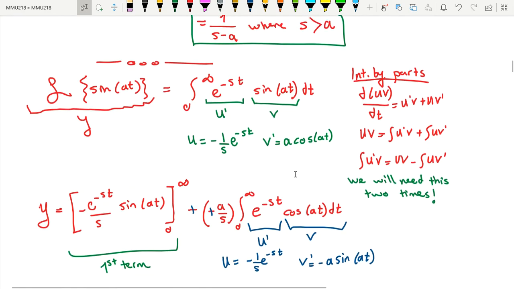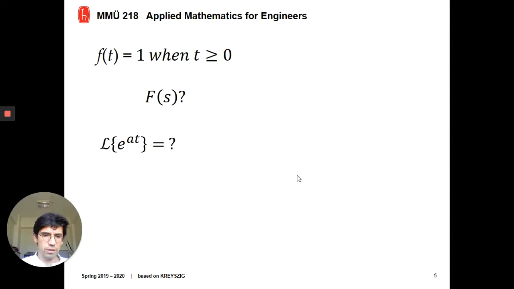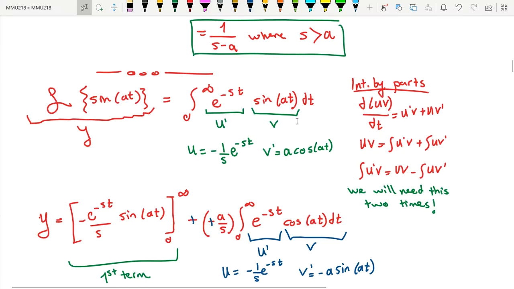So let's look at the sine at. Is that the one that is in line? Let's see. Yes. So let's look at sine at, and here I need integration by parts. Just remember this: if you take the derivative of a multiplication, you have the derivative of the first one times the second one, plus the first one times the derivative of the second one.